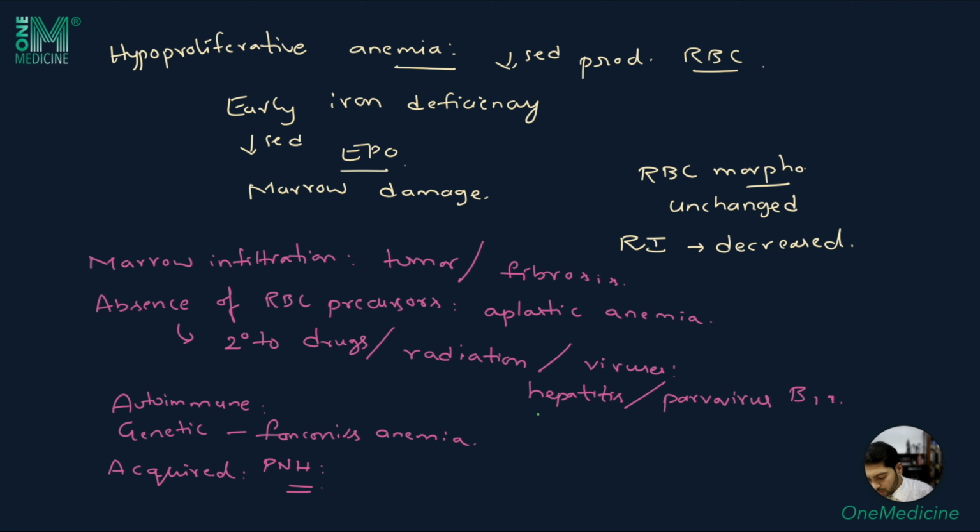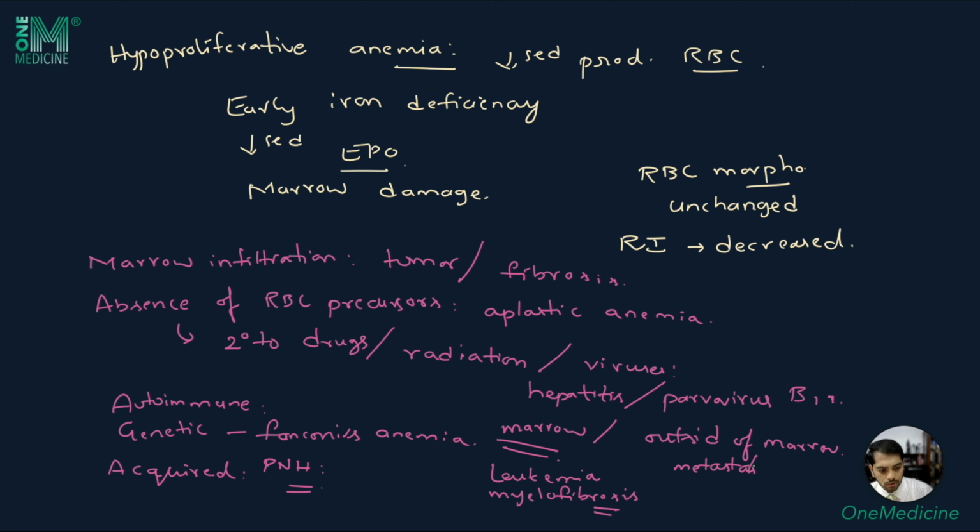The tumors or fibrosis that infiltrates the marrow can originate within the marrow or outside of marrow. Within the marrow, the examples would include leukemia or myelofibrosis, whereas outside of marrow can be seen in metastatic tumors or myelophthisis.